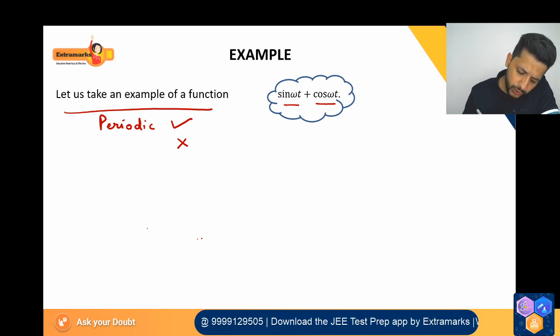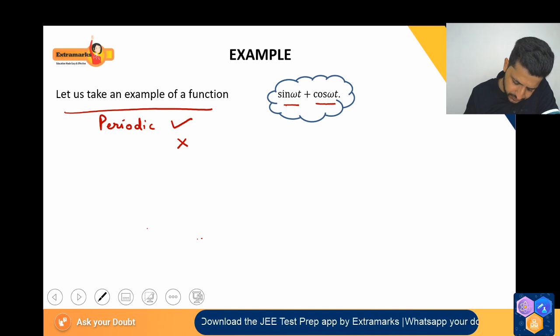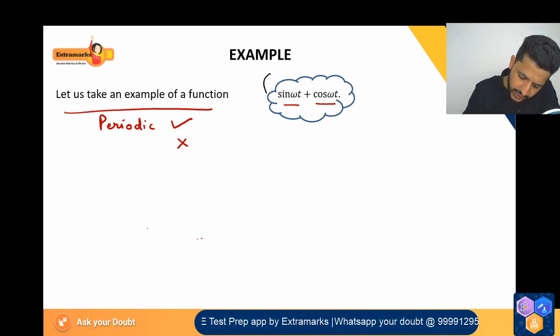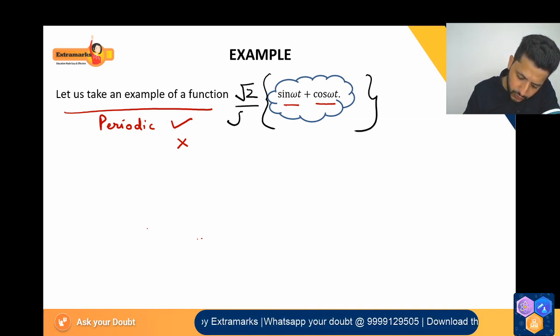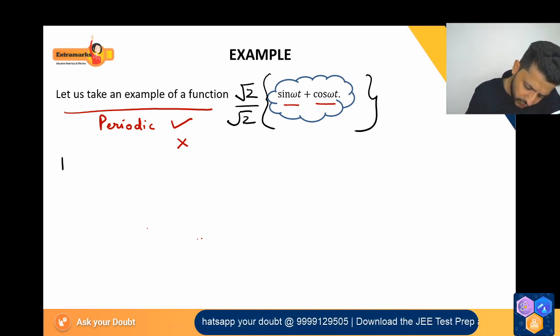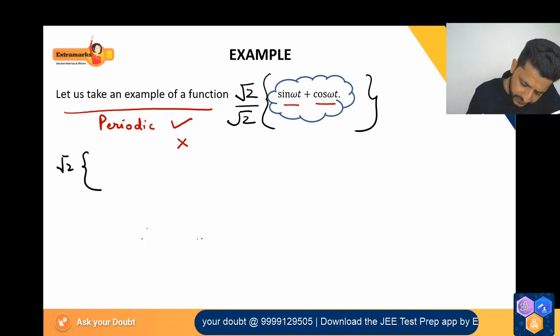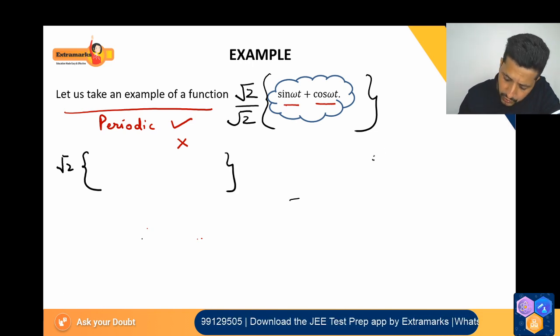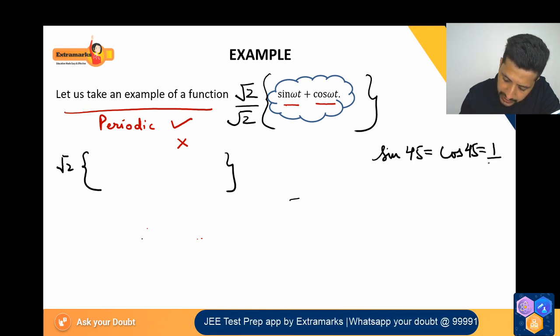So for that, I'll do a simple thing. I will multiply and divide by root 2. So the 1 by root 2 I will write as sin 45 and also cos 45, which is 1 by root 2.